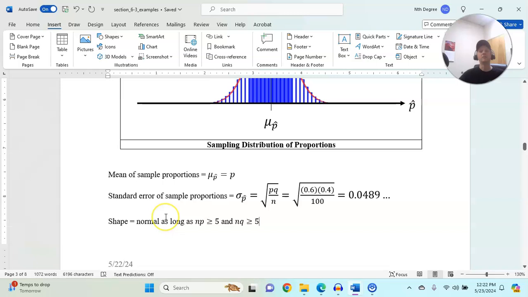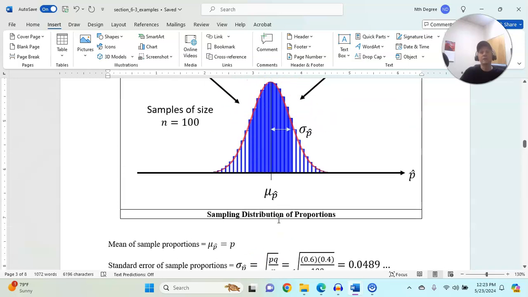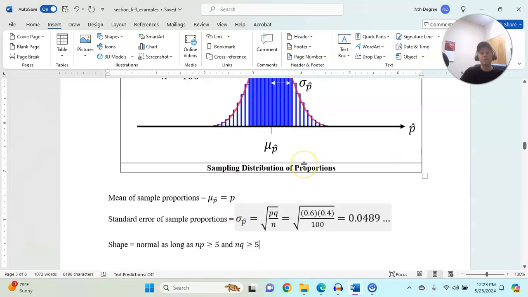Okay, so that's basically how many. It really represents how many successes you expect. So both the number of successes and the number of failures that you would expect to get should be at least 5. And in our problem, that would be 60 and 40, well above 5. So that rule would follow, and we'd be able to conclude that our pile would be normal, or at least close enough to normal to use normal formulas.